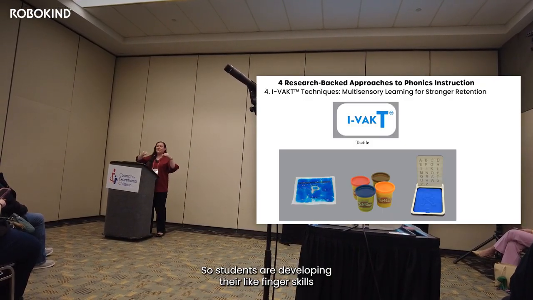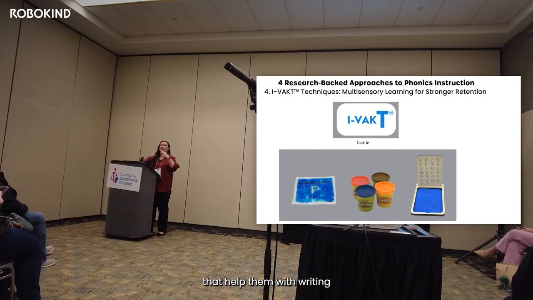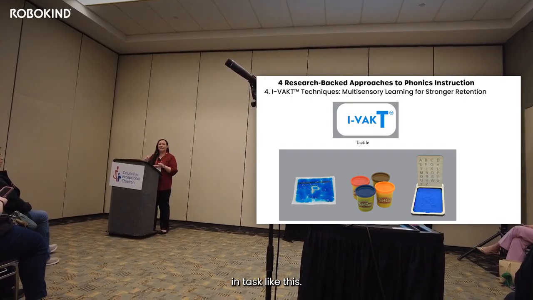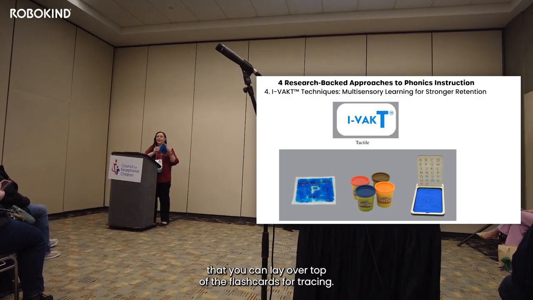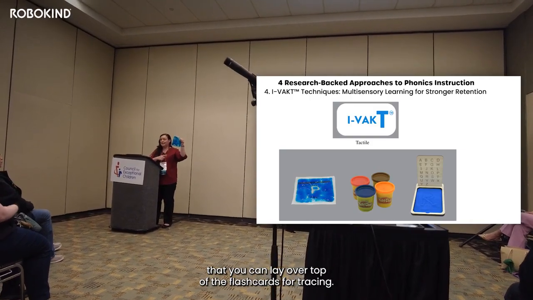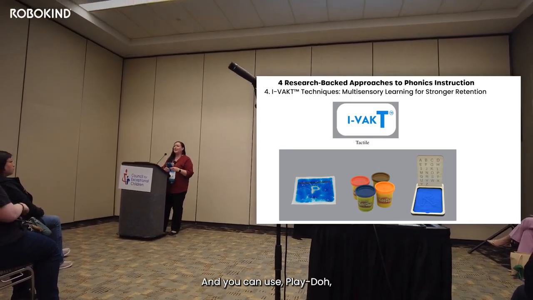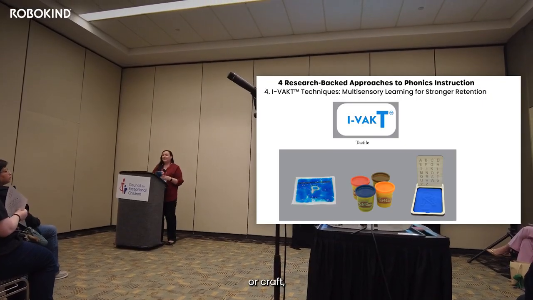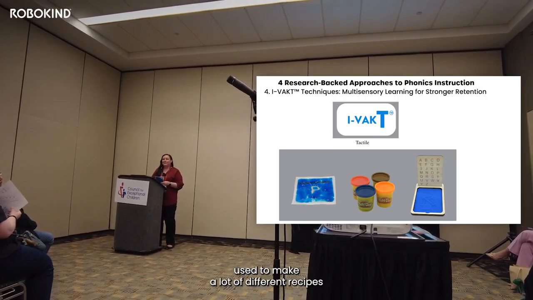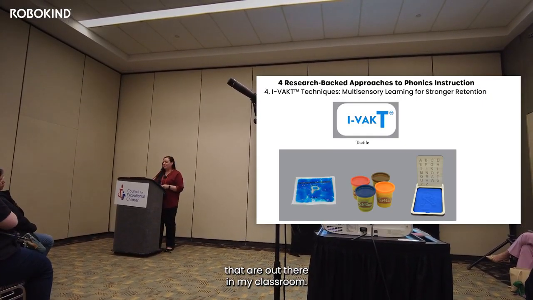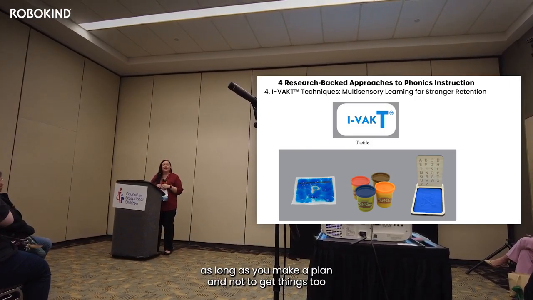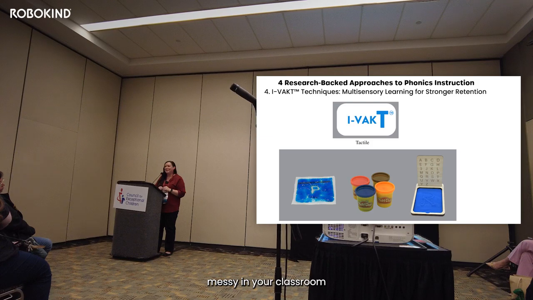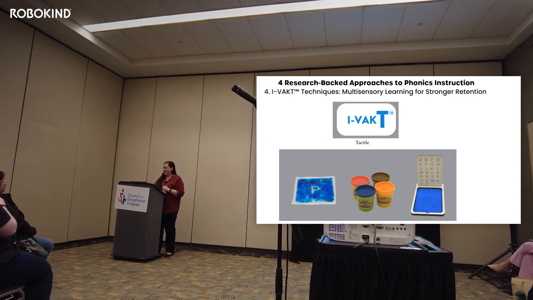Students are developing their finger skills that help them with writing and tasks like this. For this, you can use gel bags that you lay over top of the flashcards for tracing. You can use Play-Doh or craft dough. And the sand tray is great too, as long as you make a plan not to get things too messy in your classroom.